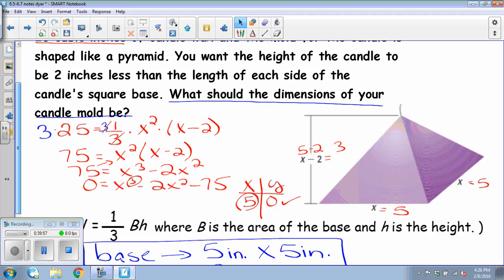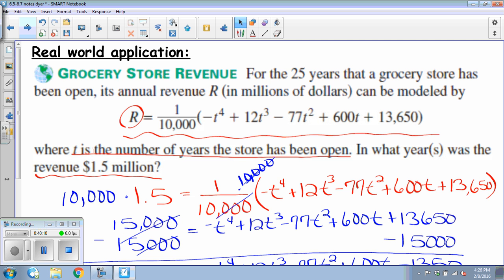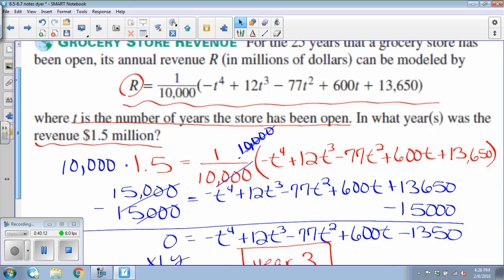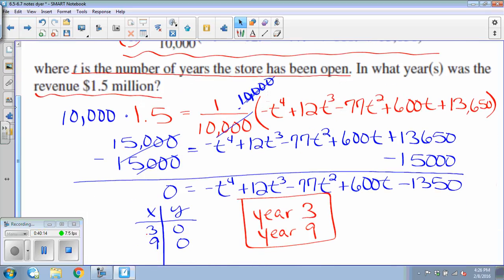You only need that one dimension. You need that one volume. It can't be more, it can't be less. It has to be equal to that. And so the only way it's going to work is if x equals 5. Okay, so that's why this problem is a little bit different. So when you're looking at these real world applications, you have to ask yourself if it's logical for you to have more than one answer.